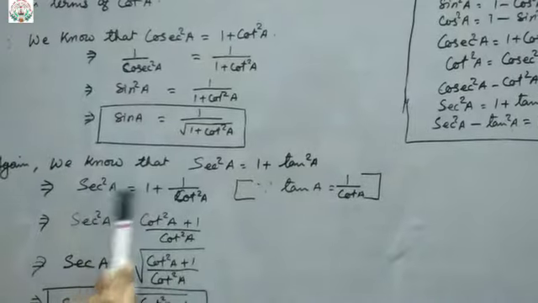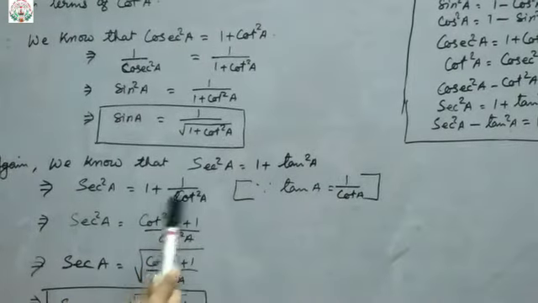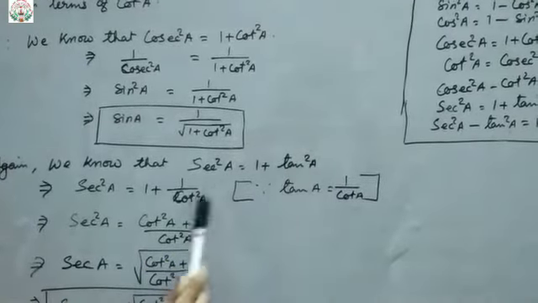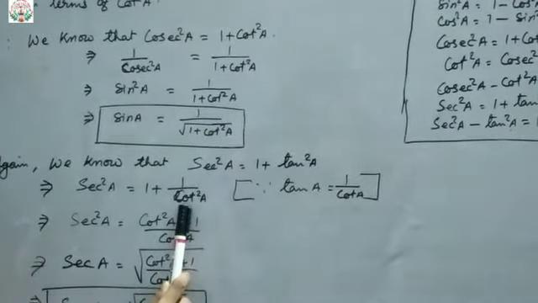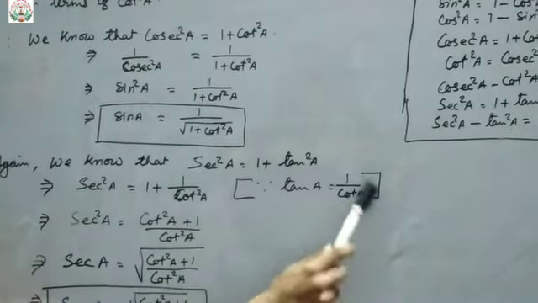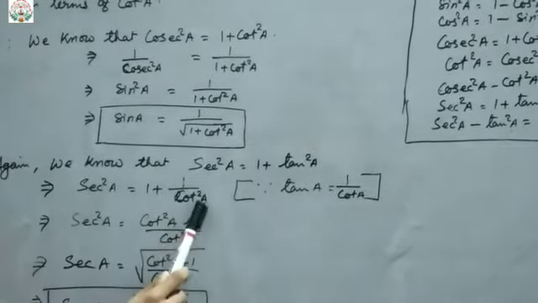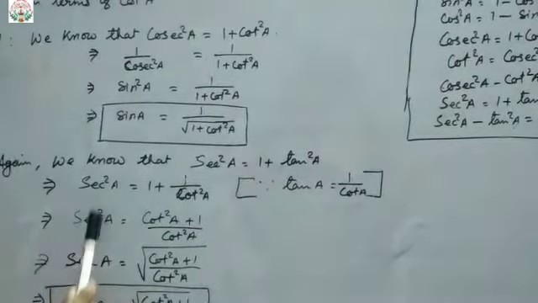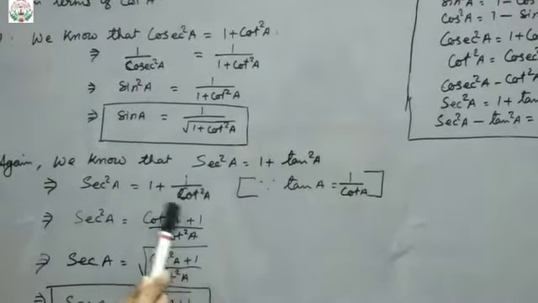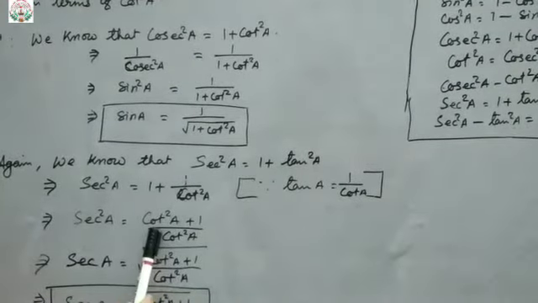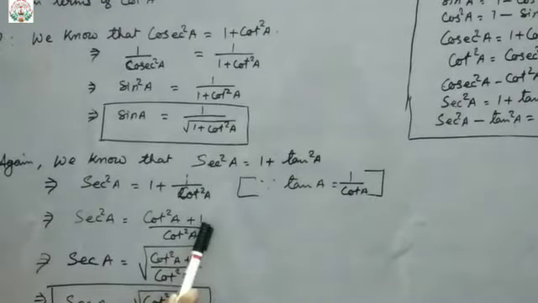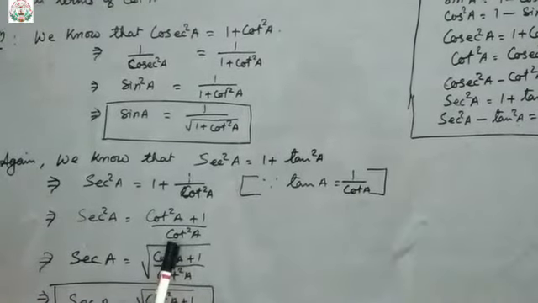So sec square A equals to 1 plus, in place of tan square A we will put 1 upon cot square A, means squaring of this side. Square of 1 will be 1 only upon cot square A. Implies sec square A equals to, now take the LCM. When you take the LCM, what you will get? Cot square A plus 1 in the numerator, and in the denominator we will have cot square A.